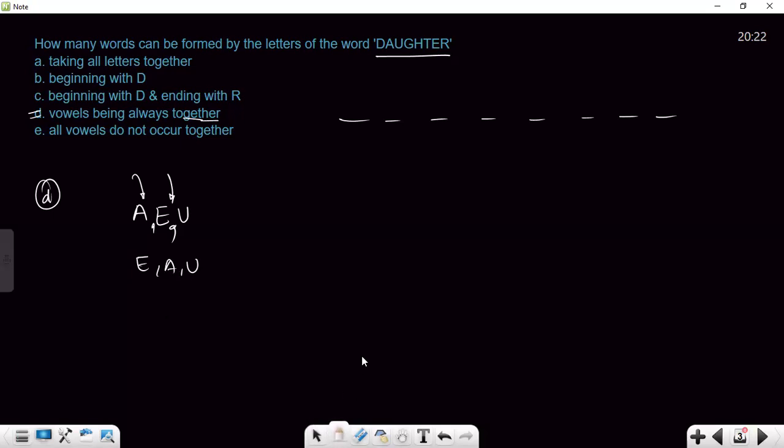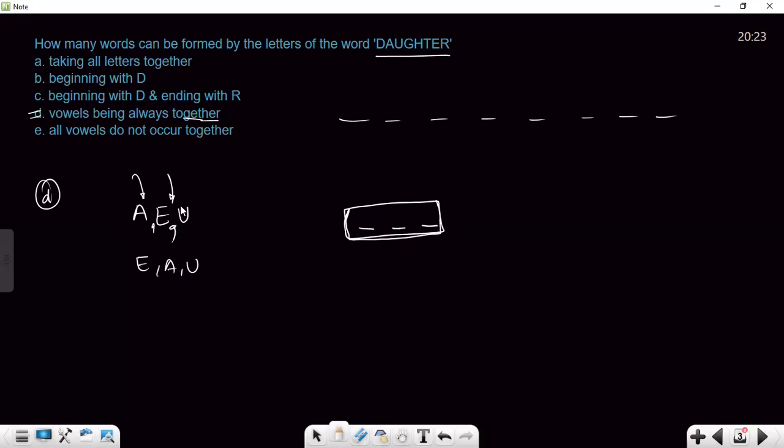So our method to solve this question is, we will pack all these vowels inside a box, and we'll take the box of the size of the number of elements that we have to arrange. Here we have to keep 3 letters together, so there will be 3 places inside the box.